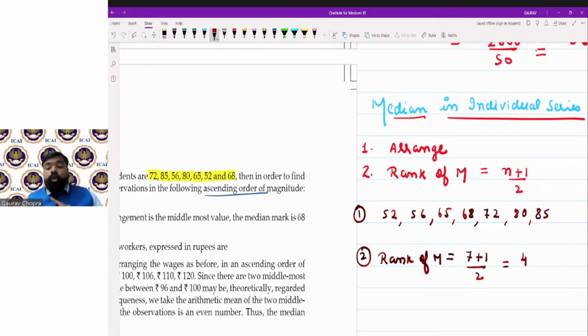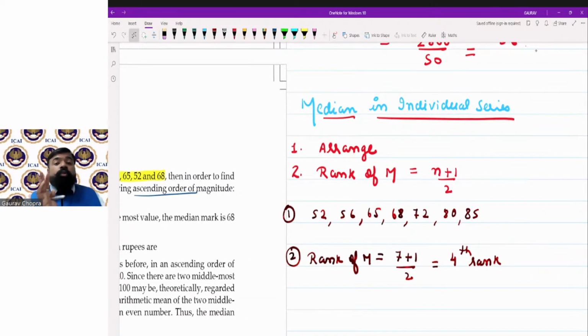Now what is 4? 4 is not the median. 4th is the rank of the median. That means we have to choose the 4th number. So it is first, second, third, fourth. So 68 is the 4th number. So 68 becomes the median. We will write here median is equal to 68.